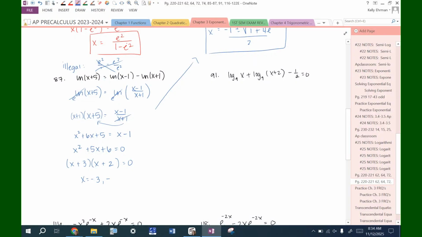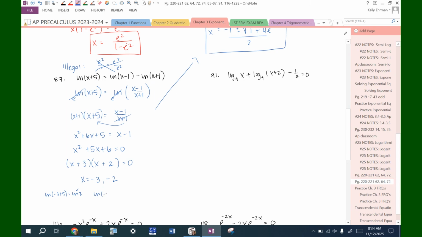And remember, we can't log negatives. However, if any of these answers cause us to have a positive expression for everything, then it's okay. So if I plug in negative 3, ln of negative 3 plus 5 is ln of 2. So that's fine.